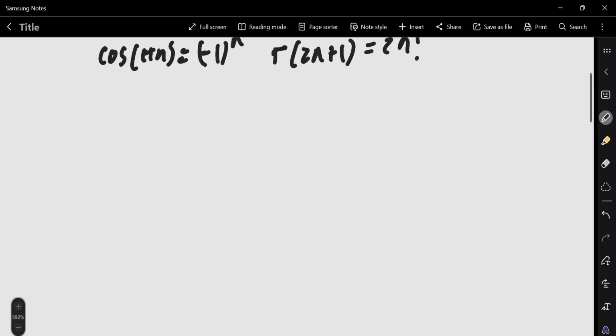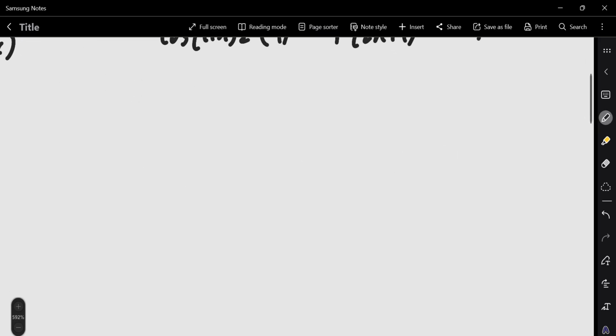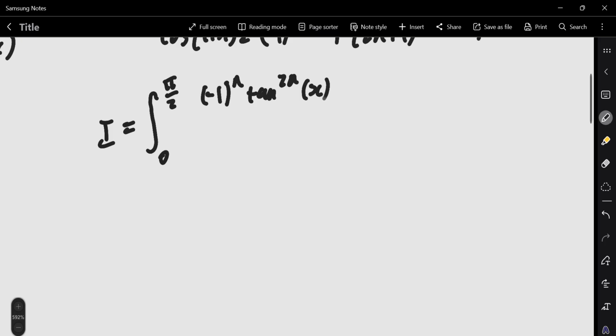So we are now left with, I've got two lots of notes. I've done this twice, so I'm reading over one part and then looking at the other and checking if I've got the same thing. So I'm going to write out this. I think I've done this step. I equals the integral between 0 and pi over 2 of minus 1 to the n tan 2n of x.